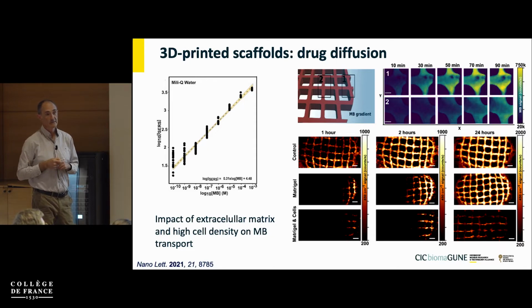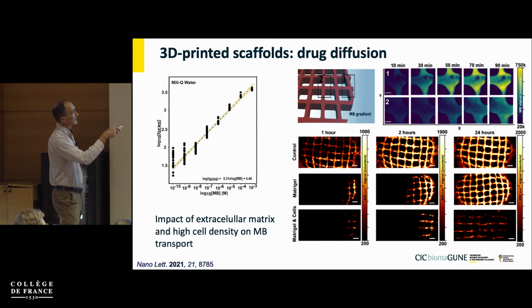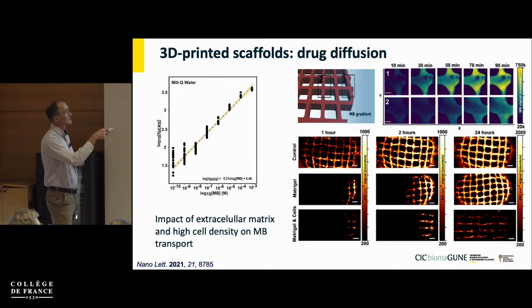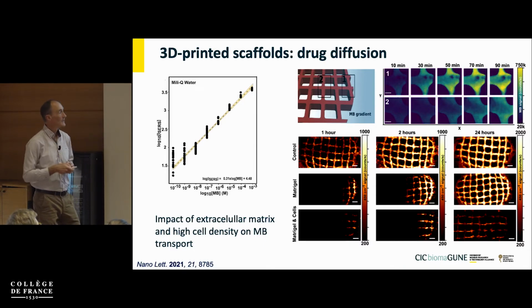Okay, so outside of the scaffold you are not measuring anything because there are no particles that would enhance the signal. In area 2, at this concentration of methylene blue, it takes longer for the signal to be recorded because the diffusion takes a while.